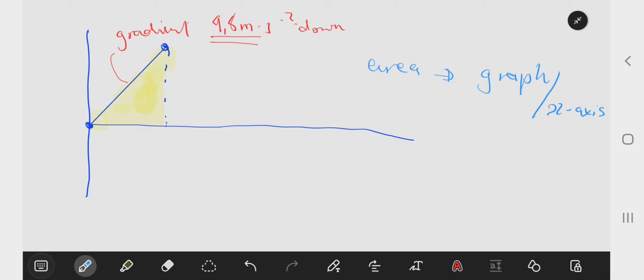So this is the x-axis right here, which is your time axis. Okay, and that is your graph. So the area in between here, that is property number 2. So the area under the graph represents your displacement.